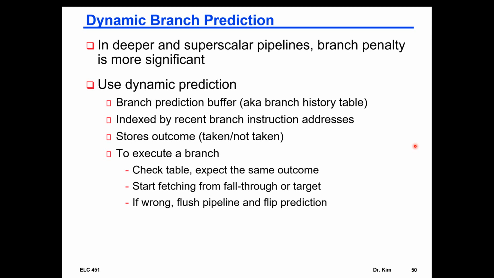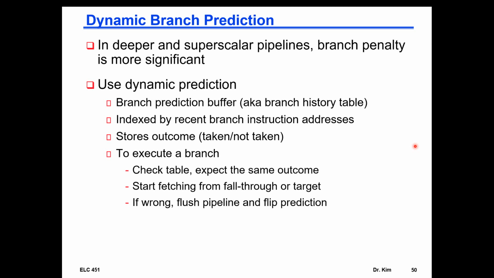So in dynamic branch prediction, the essential steps are the following. You check the table and you can expect the same outcome that you have had recently. And you start fetching from that target, which is either the fall through, which is the instruction immediately following the branch instruction, or the target that has to do with that prediction.